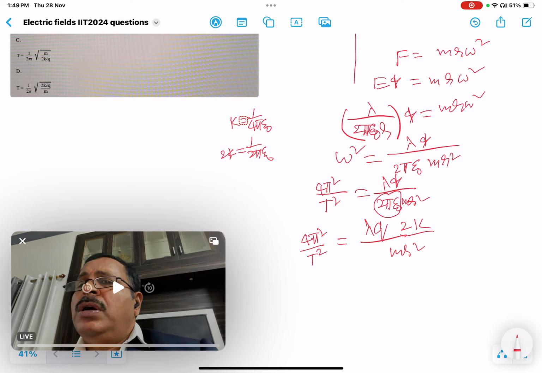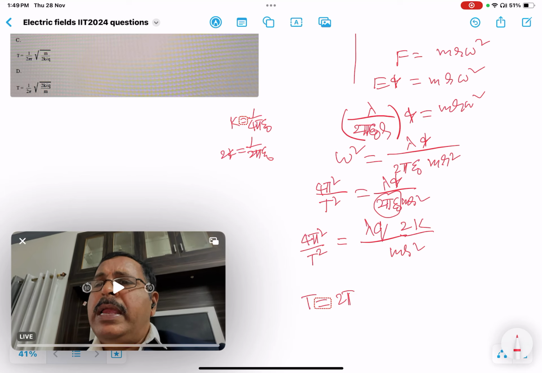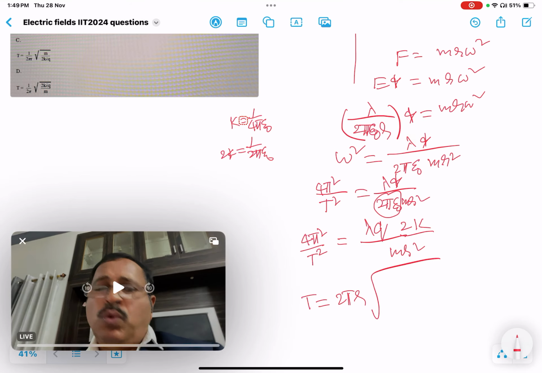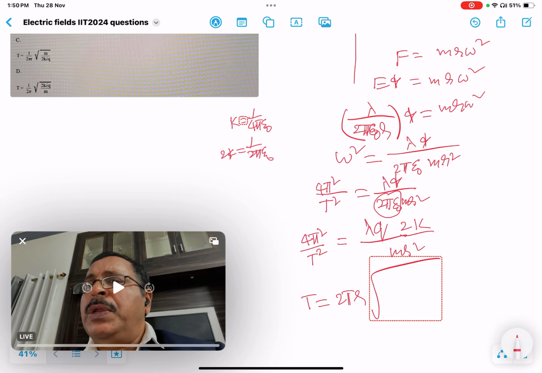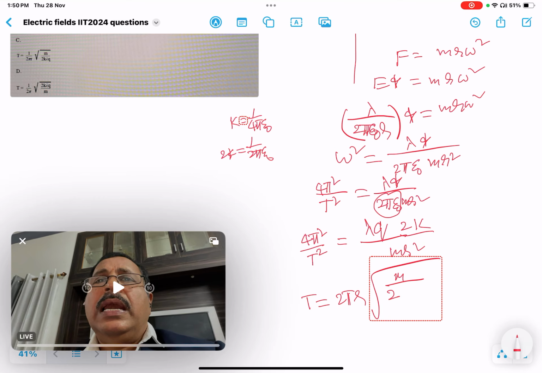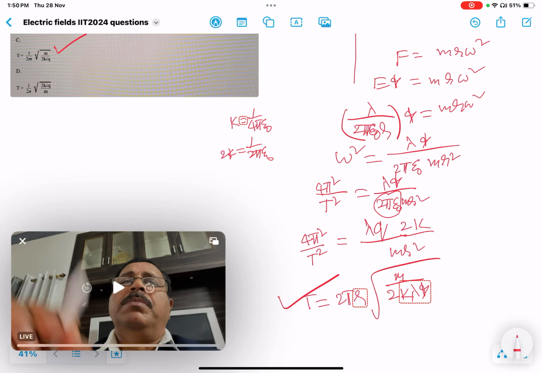By calculating this, we get T equals 2 pi r under root of m by 2k lambda q. So this is the formula, option number 3, my dear students.